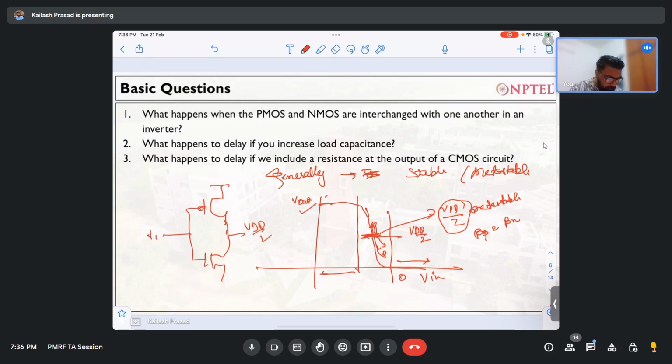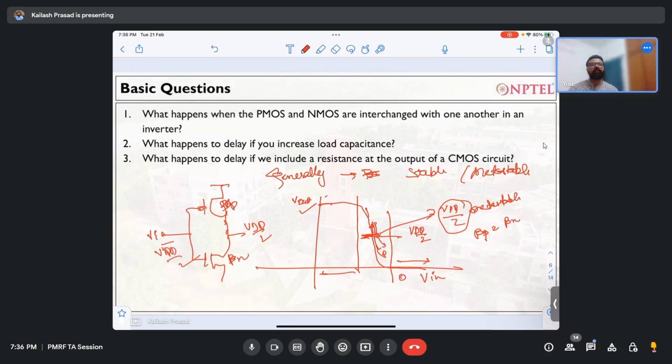If beta p and beta n are equal, then you have to provide VDD by 2 to make this inverter metastable. If they are not equal, there will be some other voltage which will make the output go to VDD by 2.